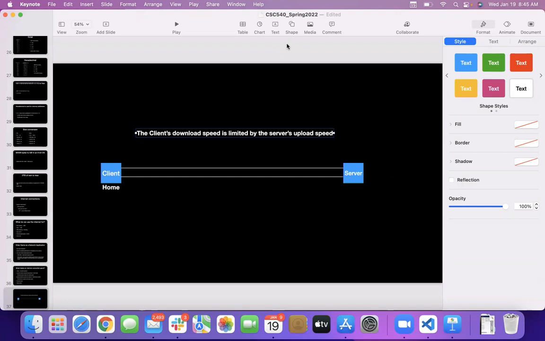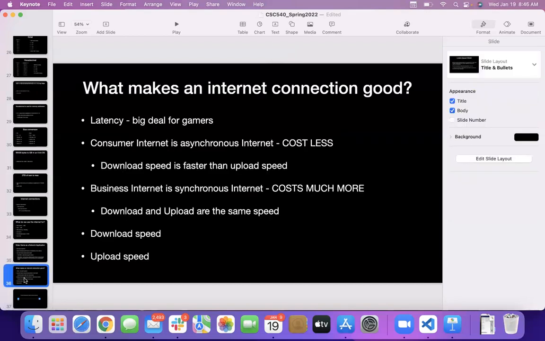But they don't want us to run production level network servers out of our house where we have thousands and thousands of users hitting our home IP address, expecting to be able to download things at high performance. All right, so that's why they sell the internet differently in that case. So this is the model of the internet. And we'll come back to that.